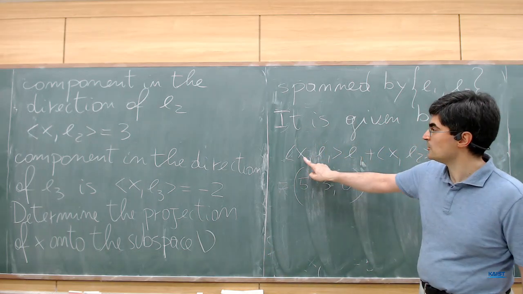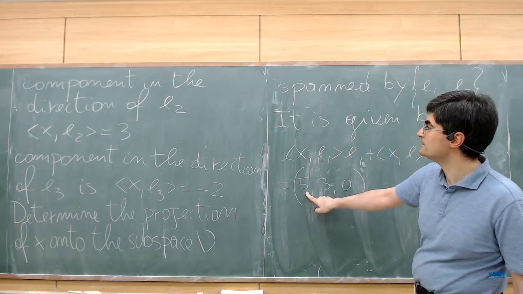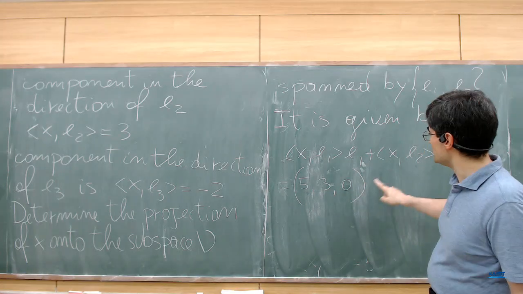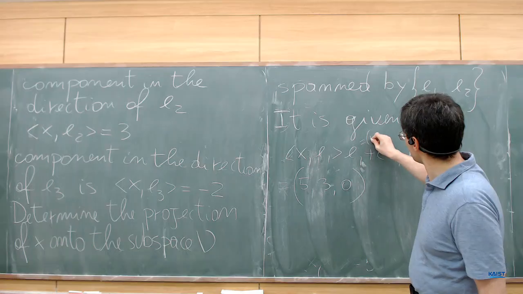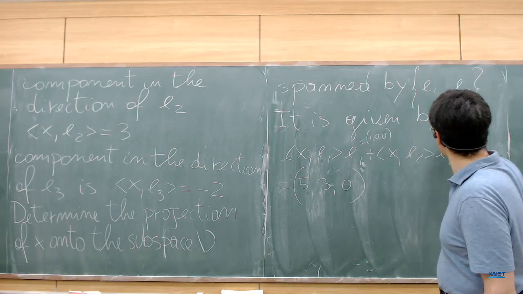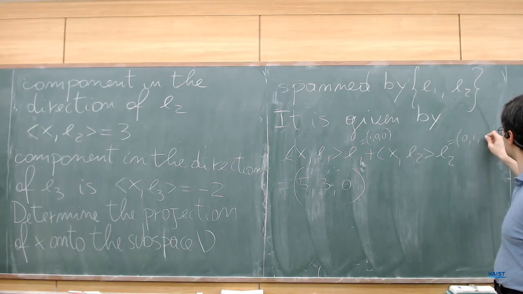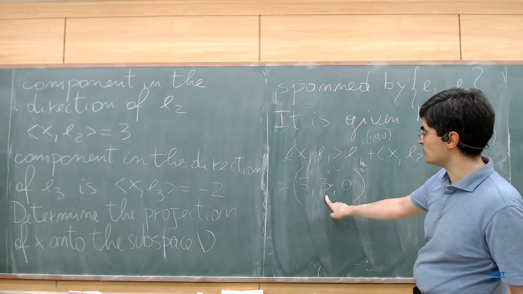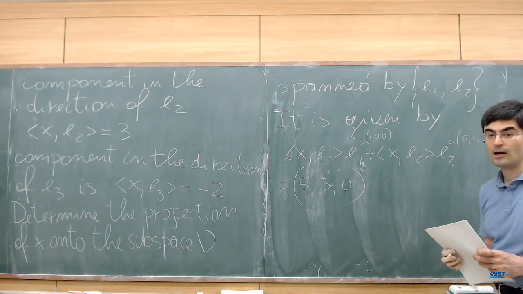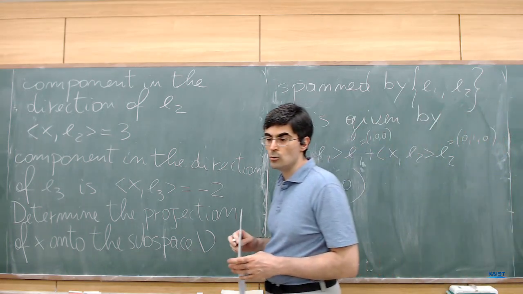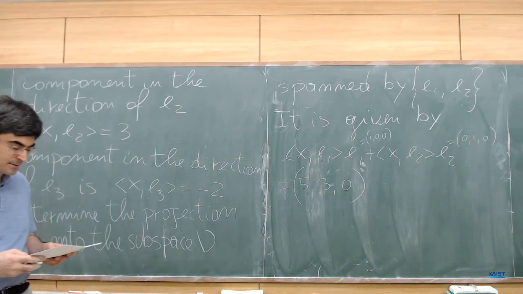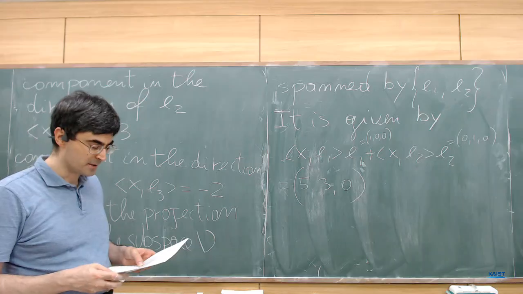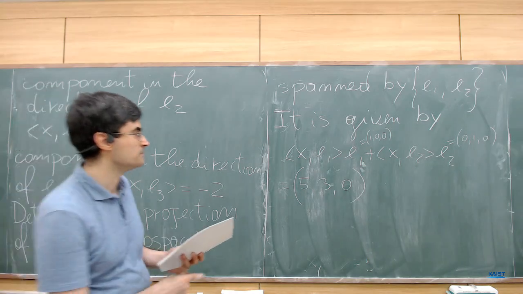Because the inner product of x with E1 is equal to 5, with E2 is equal to 3, and E1 is given by (1, 0, 0), and E2 is (0, 1, 0). So it's easy to see that you get this result. Now let's use the tool we introduced for studying a few properties of curves.